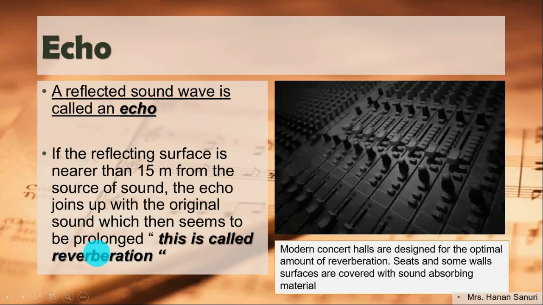Both of them are reflected sound waves. But the difference is that echo we have with large distances, while reverberation is when we are in a closed room, where the distance between the source of sound and the reflecting surface is less than 15 meters. To understand more, let's watch this video together.